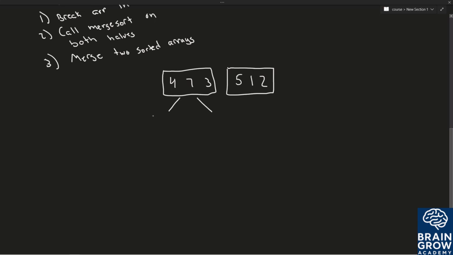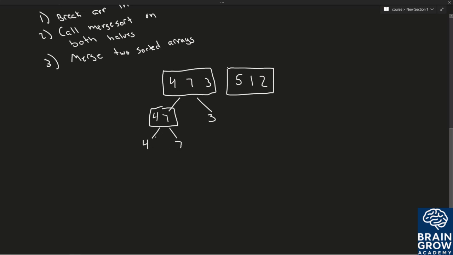So we'll create an array with 4 and 7, and then we'll have 3 here. Obviously 3 is sorted because that is its own array with one element, so that satisfies our base case. But 4 and 7, we can split up even more, into 4 and 7.